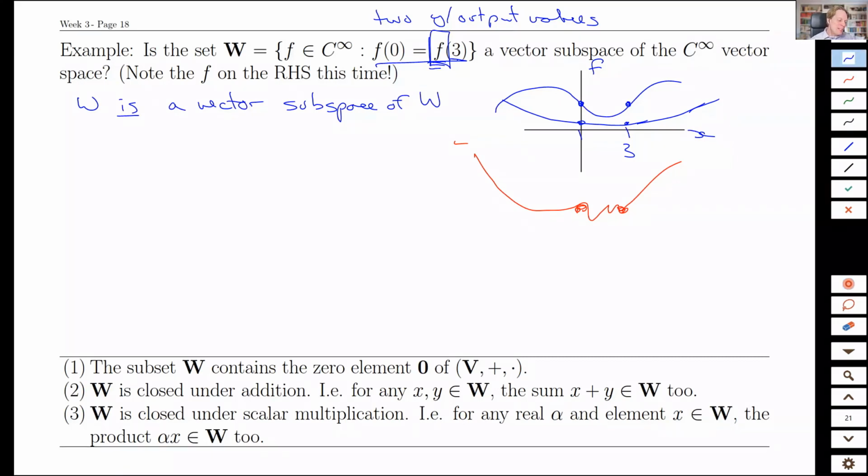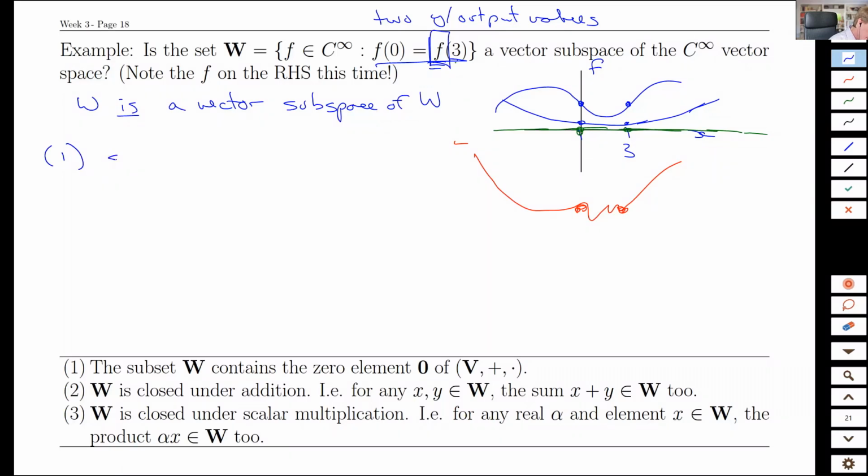What's interesting here is that the zero function's fine, because the zero function happens to satisfy y at 0 and y at x equals 3, where everything's 0, so those two are definitely the same thing. I won't go through this one in the whole detail because it looks an awful lot like the last one, but you will see the same kind of trend. And again, this is just a nice way to diversify our options.